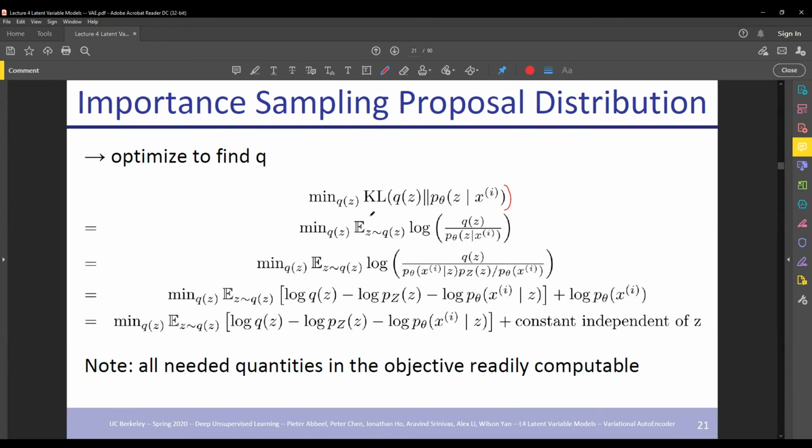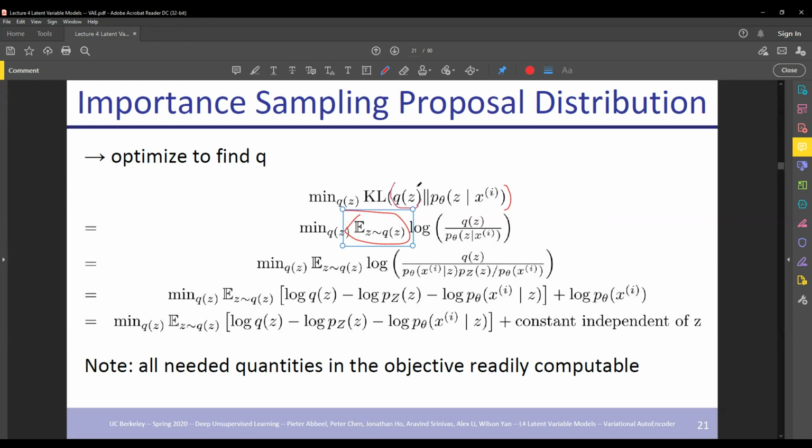And the KL divergence, again, for those of you who are already familiar with it, but if you want to remember it, is basically defined as the expectation value under the first distribution. The first distribution is Q of Z, and we take the expected value under it of the log odds of the two distributions.